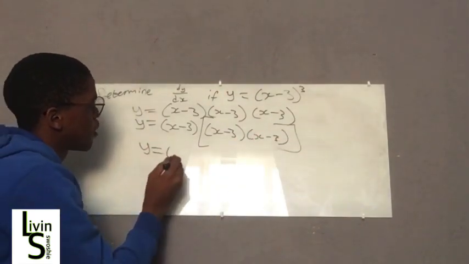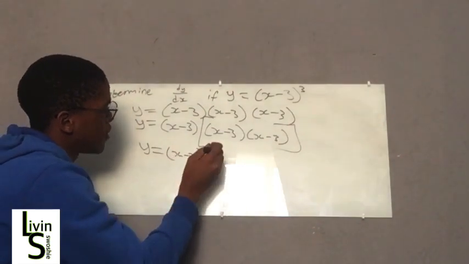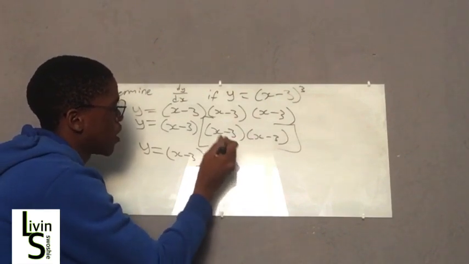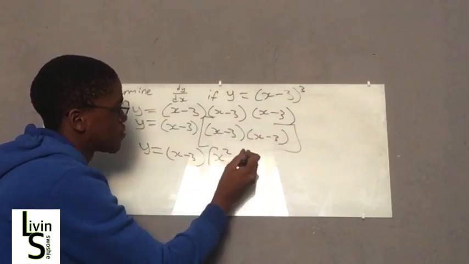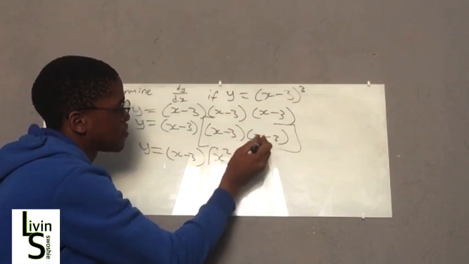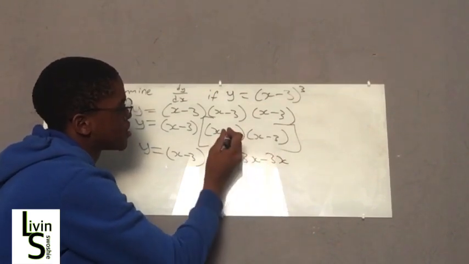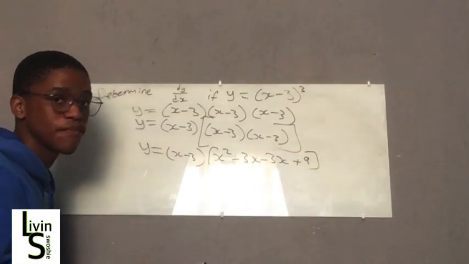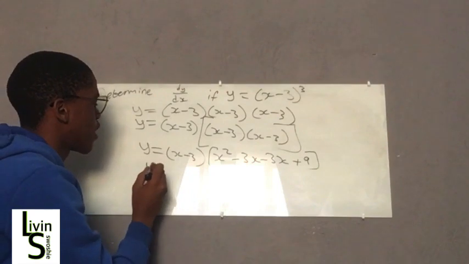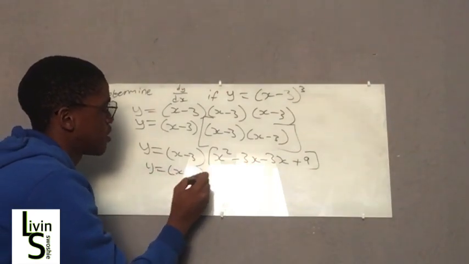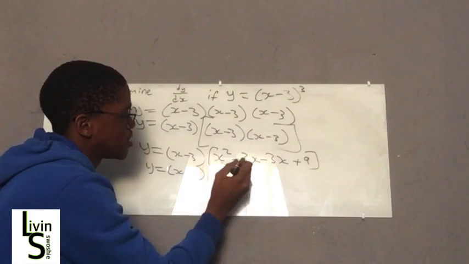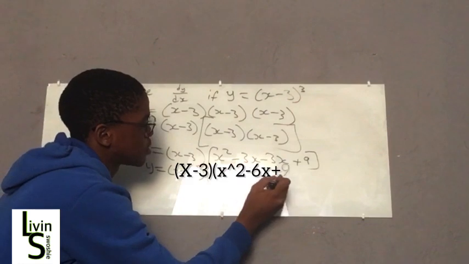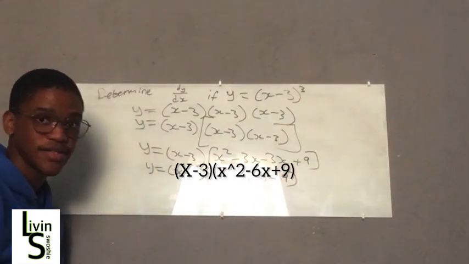So y is equal to the one we took out, and then inside the square bracket we say x times x, which is going to give us x squared, x times negative 3, negative 3x, x times negative 3, negative 3x, negative 3 times negative 3, it is going to be positive 9. You see? And then you can further simplify this to be y is equal to x minus 3 into x squared. These are like terms, so it's going to give us negative 6x plus 9.